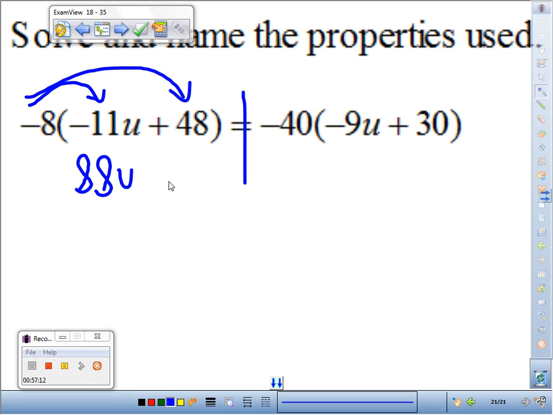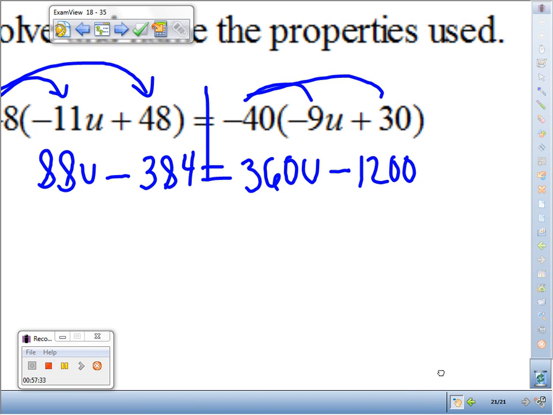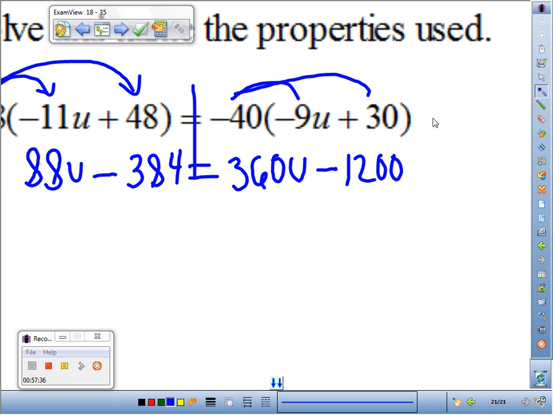Negative 8 times a positive, that's negative. 8 times 8, that's 64. I got 6. 32, that's 384. Equals. We do the same over here. That's positive 360u minus 1200. Let's write the property, might as well since we're already there. What is this property that we did? Distributive property. Alright, let's continue.